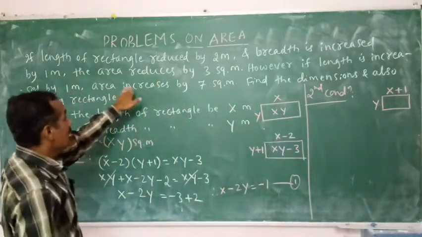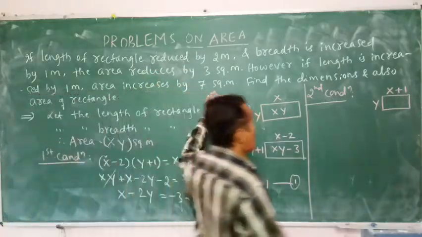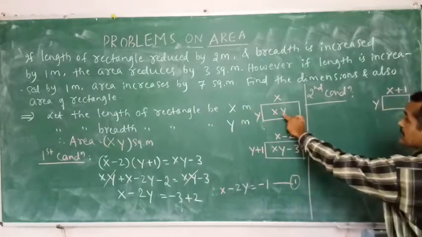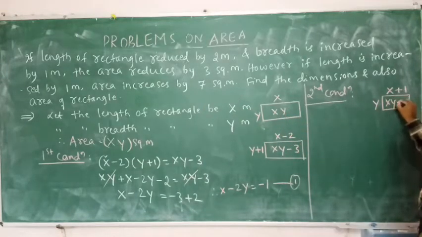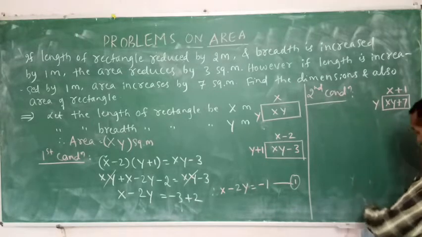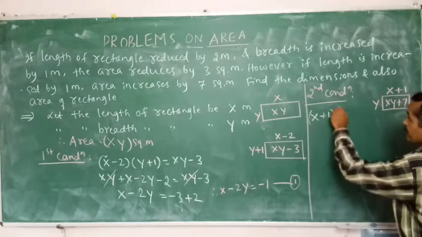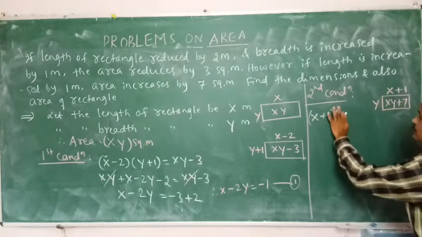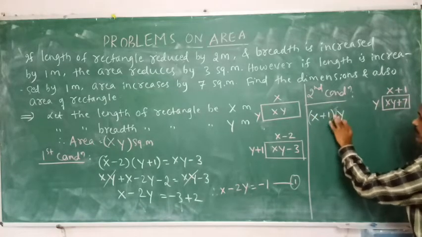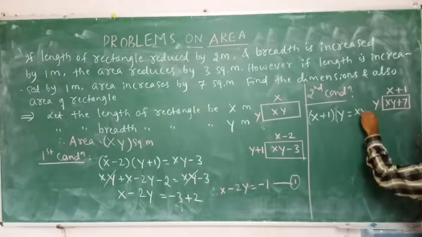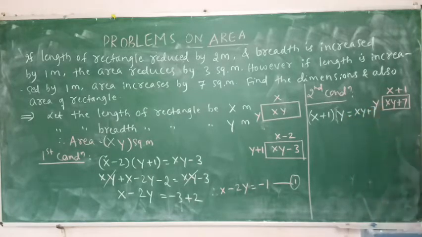Then what happens? Area increases by 7 square meters. From here it is an increase: xy plus 7. Now you can solve the problem. I will write here. It is (x plus 1) into y, simply y, is equal to xy plus 7.